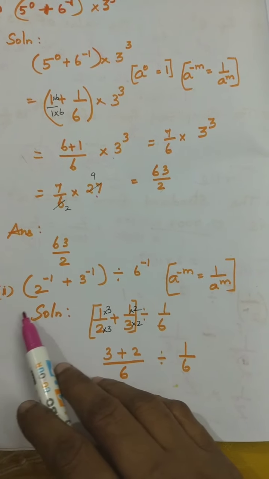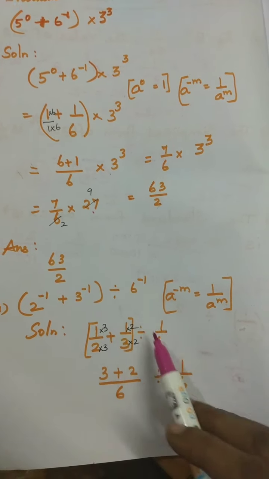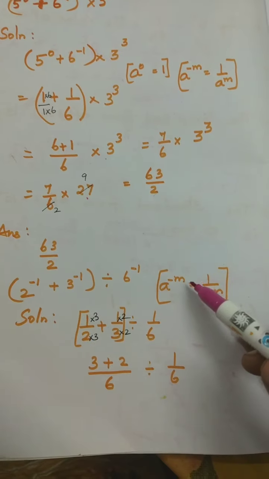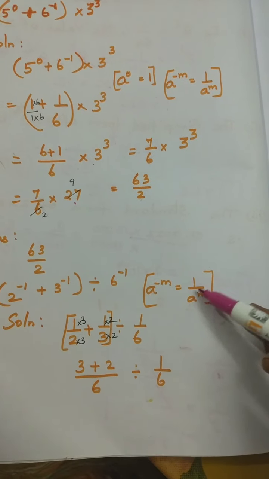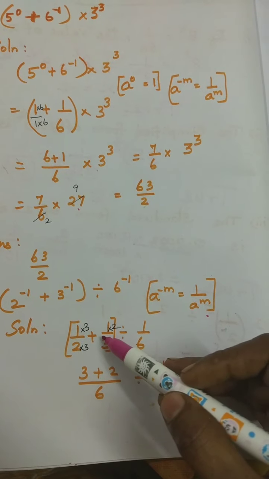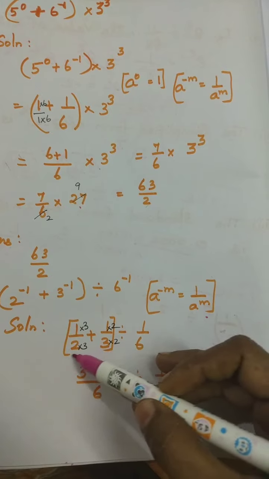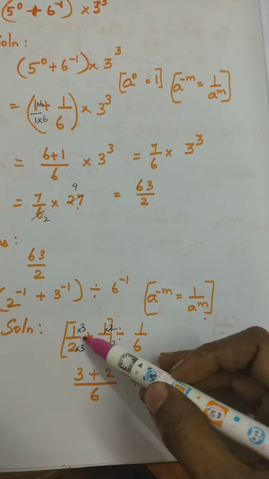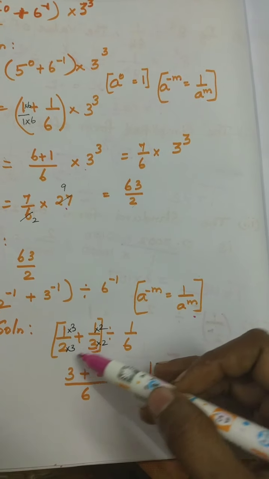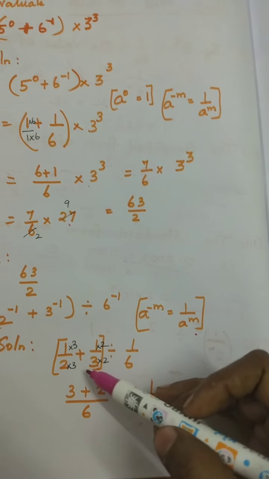Then second sum. 2 power minus 1 plus 3 power minus 1 divided by 6 power minus 1. Here you have to change this using a power minus m is equal to 1 by a power m. So 1 by 2 plus 1 by 3. Now here we have 2 and 3, you have to add this, so you have to make the denominator the same. So 2 3s are 6, 6 is the LCM.